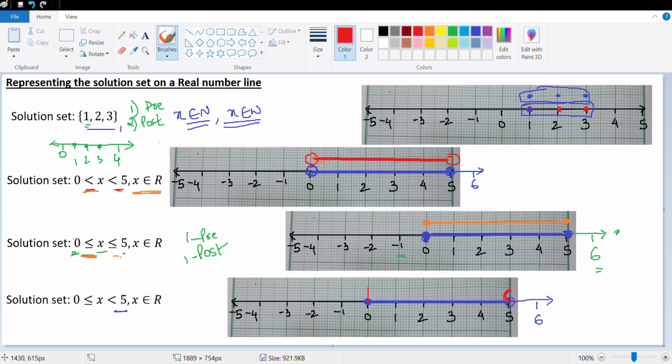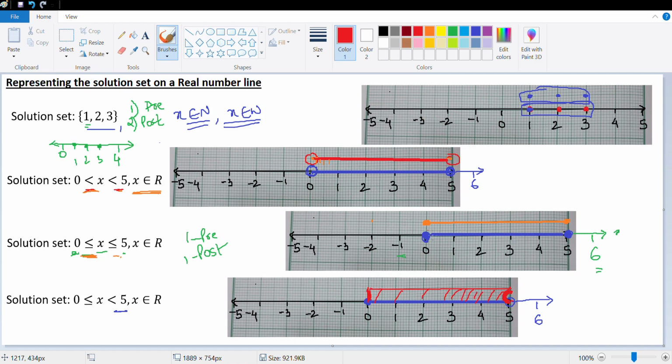So you put a line in case it's included, you put a half circle in case it is not included, and you join them. And then you shade this part, which means all this part is a part of the solution set. 5 is not included because it's not a full circle, and 0 is included because it's a straight line.